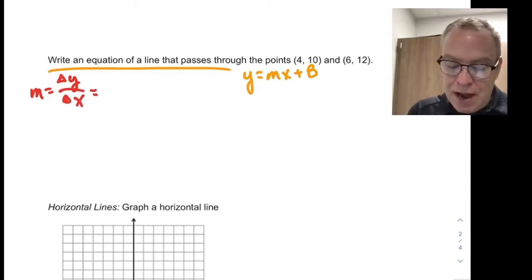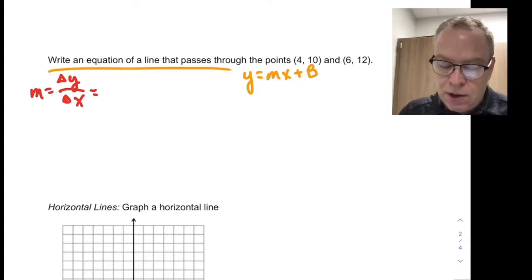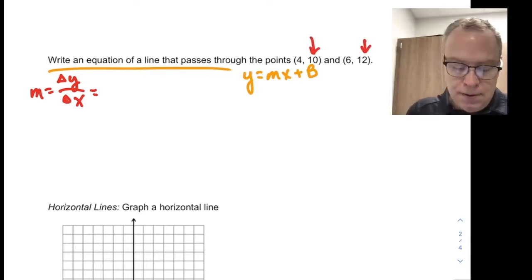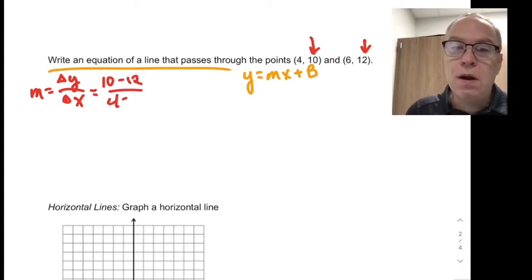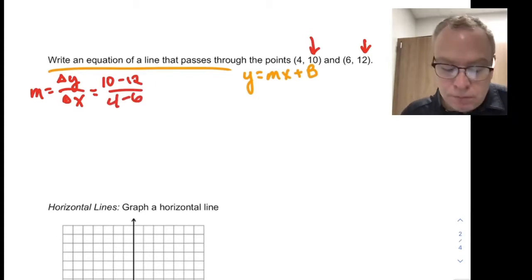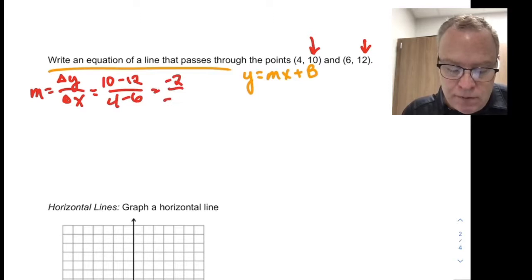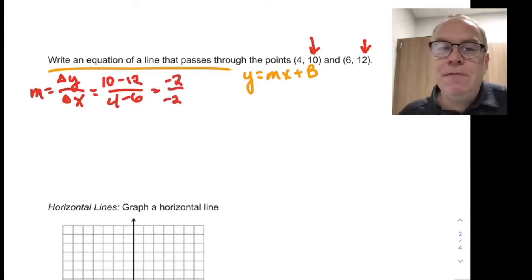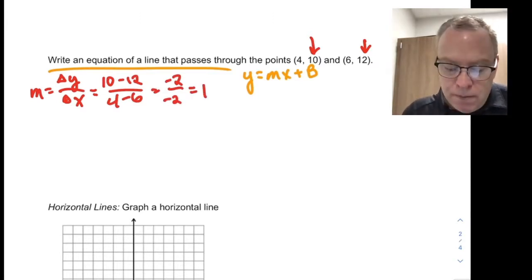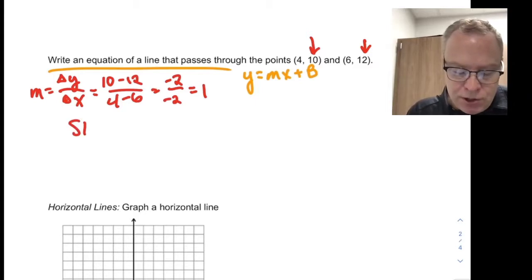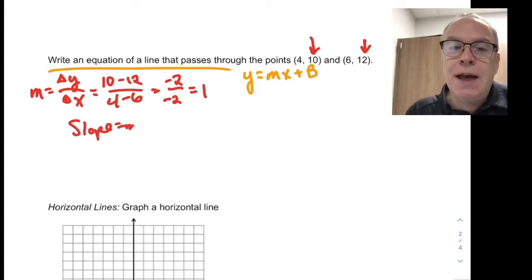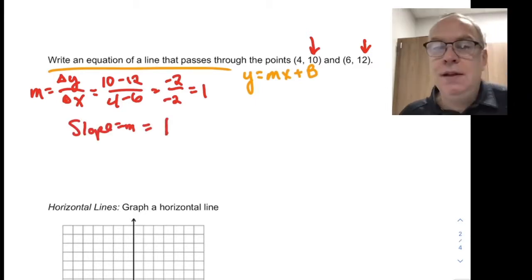So I'm going to subtract the y's because it's wise to start with the y's. 10 minus 12 all over 4 minus 6. That's -2 over -2, which simplifies to what? 1. So it turns out our slope, which is the letter m, is 1 in this problem.